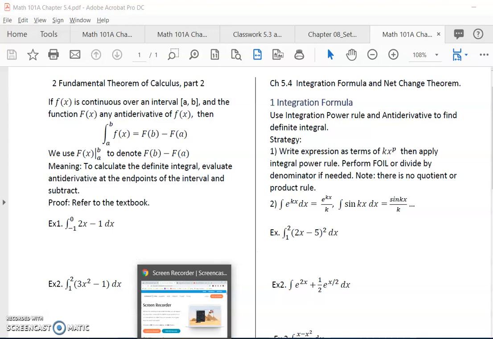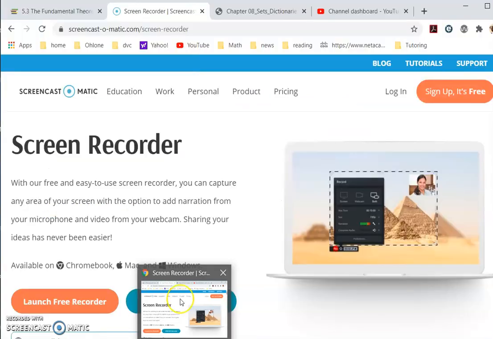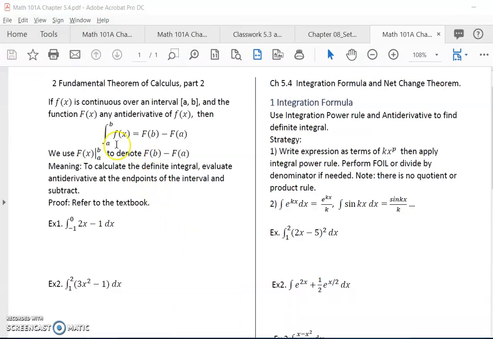So the fundamental theorem of calculus, the most important part in this chapter, is always to calculate the definite integral from a to b of f of x.